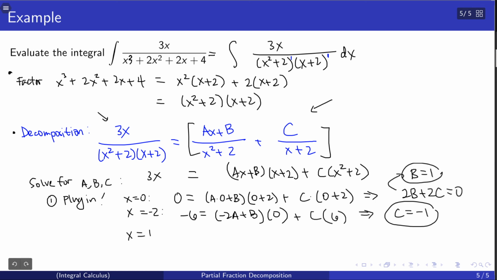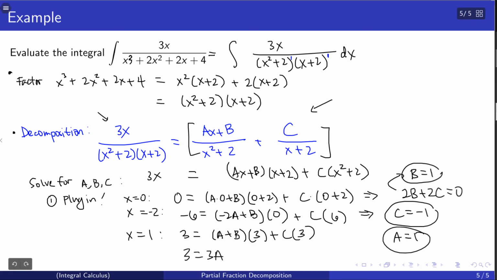And I can just plug in one last value for x. 3 equals a plus b times 3 plus c times 3. Well, I know b and c are 1 and negative 1. So they'll just basically cancel each other here on the right side, and I'm going to be left with 3a equals 3, which means a is equal to 1.